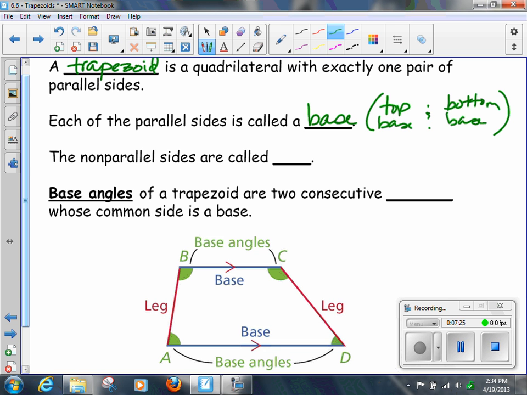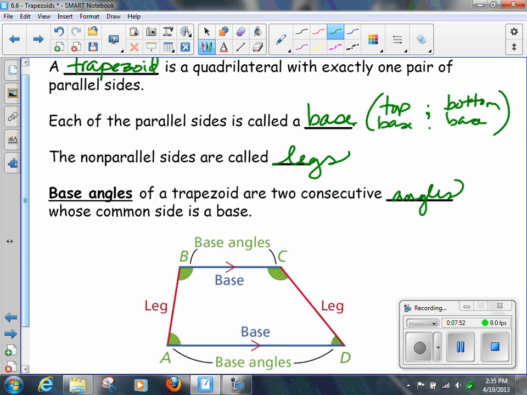It says the non-parallel sides are called legs. And it's there on the picture. Okay? Sometimes they're going to be congruent to each other, sometimes they're not. And then it talks about base angles of a trapezoid are two consecutive angles whose common side is a base.